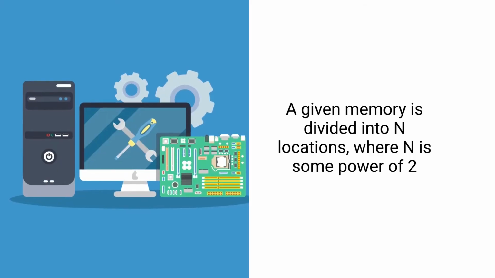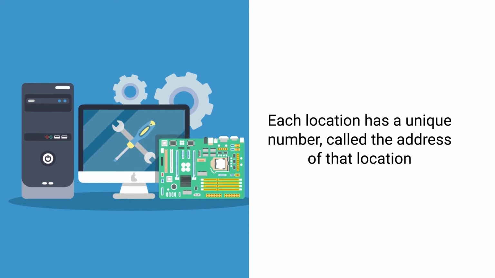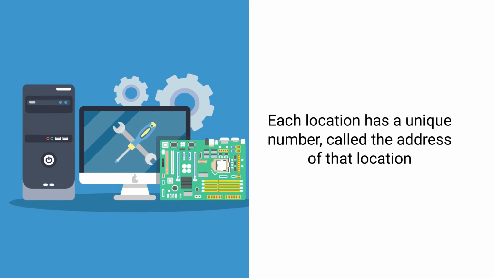Now, any given memory that we are considering is divided into a number of locations. If the number of locations is n, then this must be some power of 2. Each location has a unique number. We call it the address of that location, and through that address we can access this information directly.